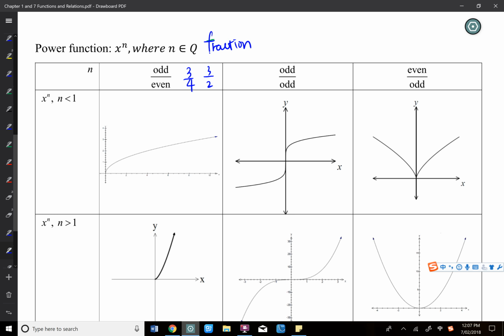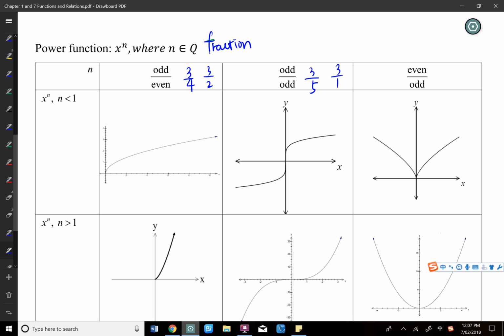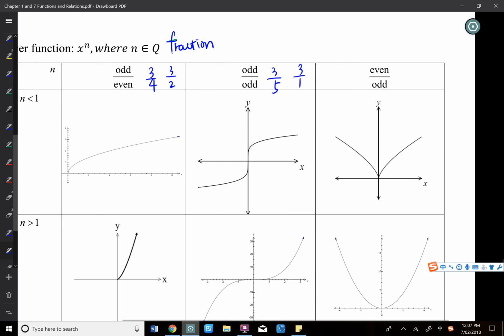Next one is odd over odd. So I can go, don't tell me 1 over 1, that's not a good one. So 3 over 5. 3 over 1 is one of the odd ones as well. Even though it's a 3, it's still an odd number over an odd number. So 3 over 1 is one of the types as well.